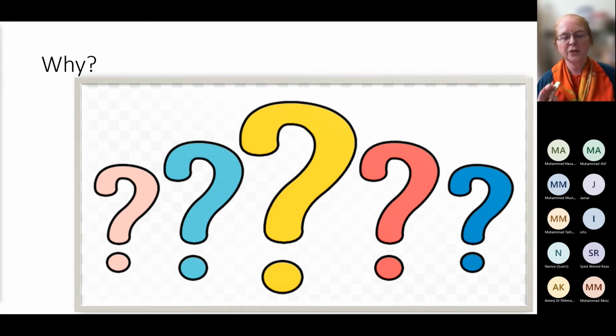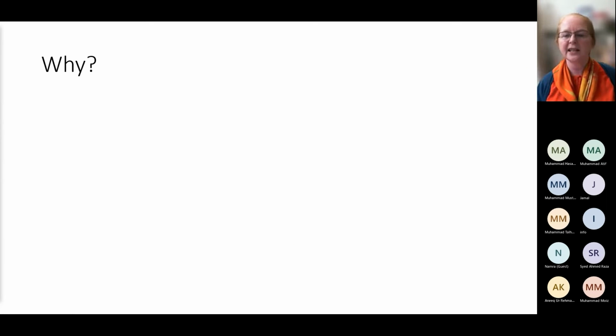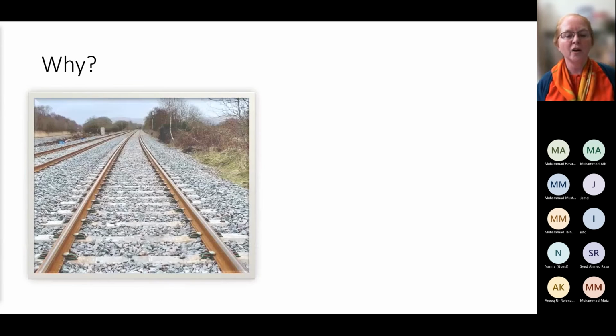I love to illustrate the importance of why by asking a question. And the question for this example is, why are railway tracks in Australia and the US 4 foot 8.5 inches wide?